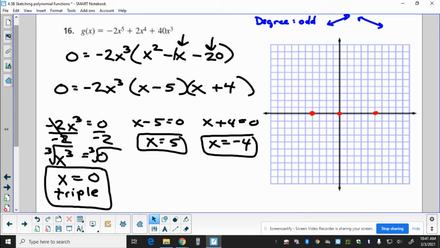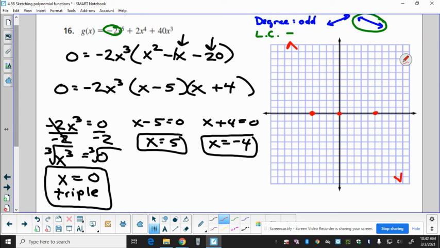Look at your lead coefficient. Check this out. It's negative. Which one of those lines is negative slope? That one is. That means our end behavior has to start over here and then end like this line that's got negative slope down there.